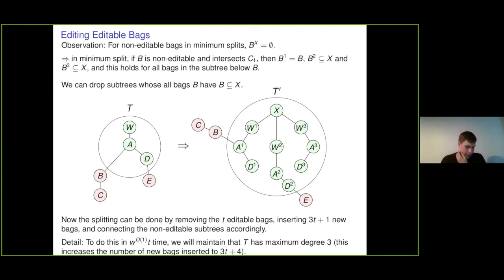This is not hard to do, because the only place where we can get a degree increase is this root. So every time we split, we duplicate each of these W1, W2, W3. This increases the number of new bags inserted to 3T plus 4. Okay.